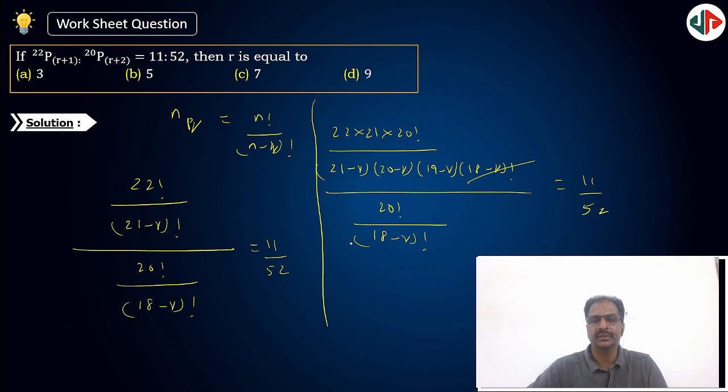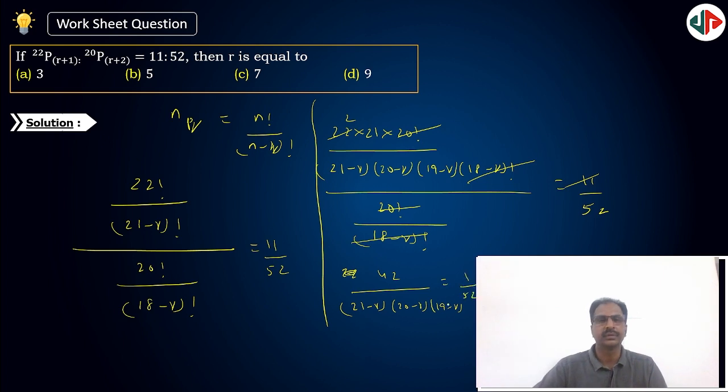Now you can cancel 18 minus r factorial and 20 factorial. So what is left out? You can cancel 11 two times here: 2 into 21, 42 by 21 minus r into 20 minus r into 19 minus r is equal to 1 by 50. Instead of solving, you better do by verification. Verify from the options and check where you get the correct value.